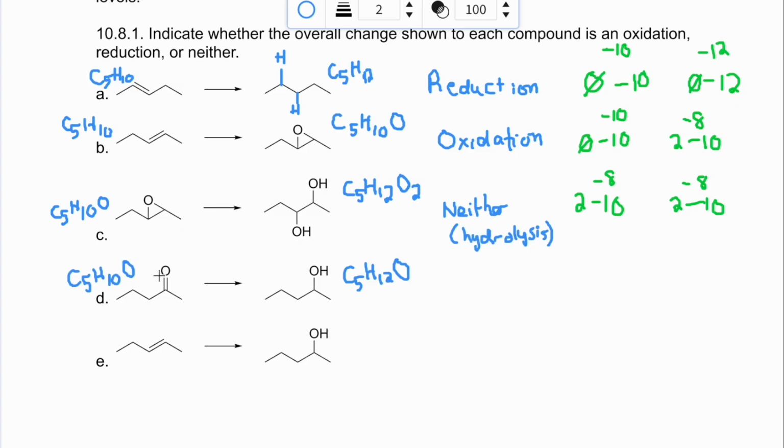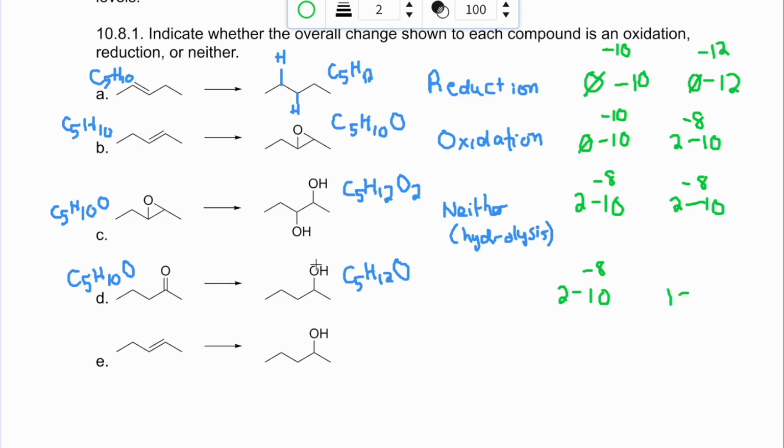So over here we have a ketone going to an alcohol. This first carbon has 2 carbon-oxygen bonds. They're the same carbon bonded to the same oxygen, but they are 2 carbon-oxygen bonds. And then we have 10 carbon-hydrogen bonds. So we have -8 overall for this compound. And then here we have only 1 carbon-oxygen bond.